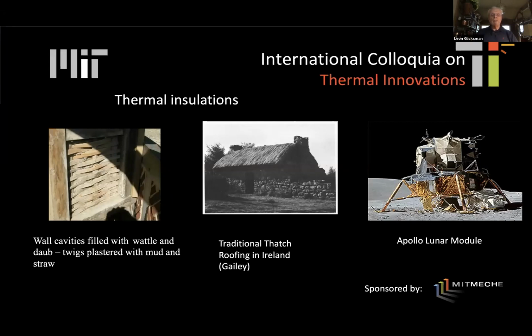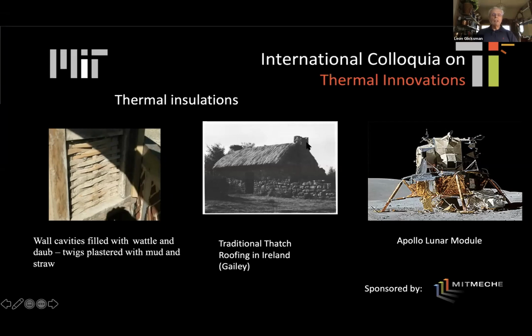I have a couple of slides here just looking retrospectively at what people have done in ancient times. First, a wall cavity filled with what was called wattle and daub, which is a system of twigs and small sticks which are then plastered with mud and straw. And if there are voids between the mud and straw, it has a substantial insulation effect.